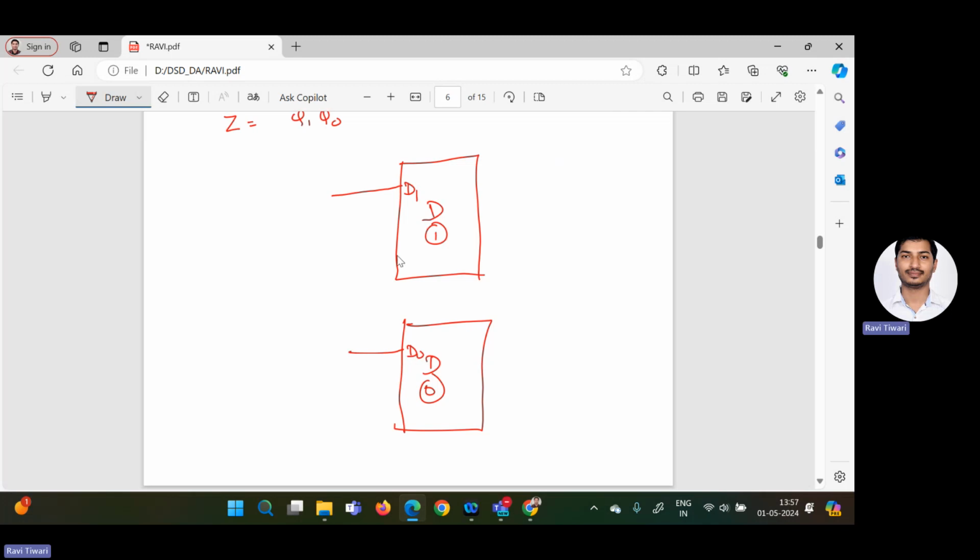And then we have to provide the same clock to all the flip-flops because it's a synchronous circuit, right? From here, we will get the value of Q1 and this is Q0. And here the value of D0 we calculated as X. D1 is represented by this expression.